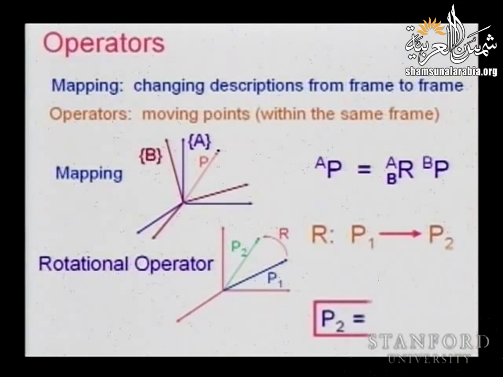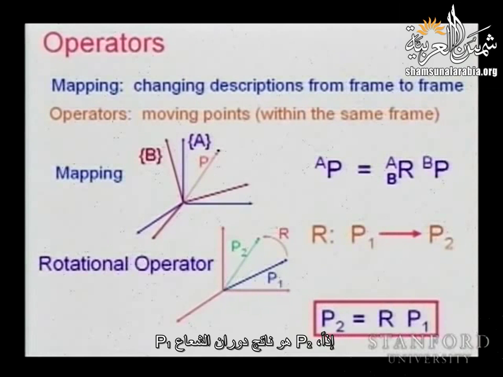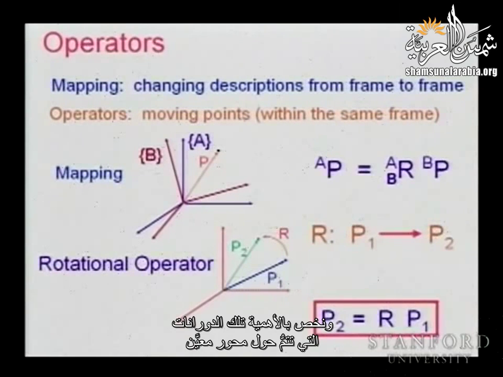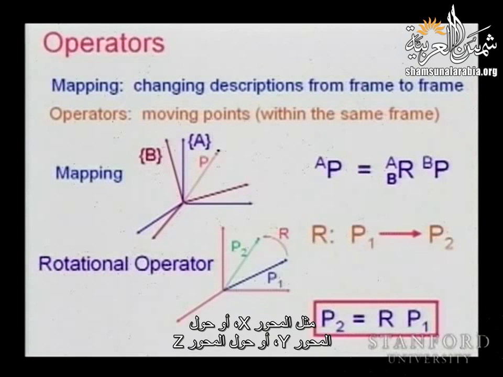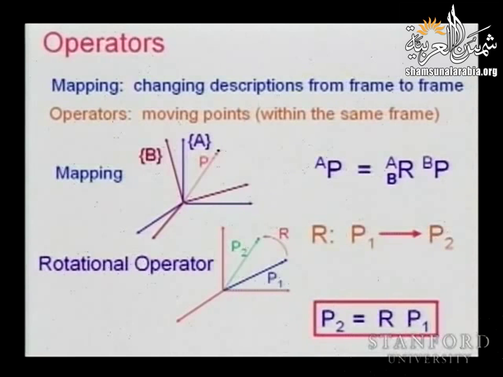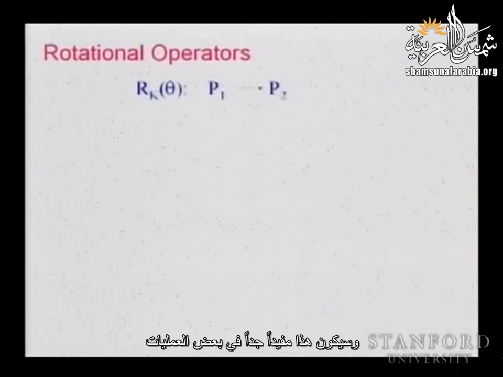Okay? So P2 is the rotation applied to the vector P1. And of special interest are those rotations that take place about some specific axis, like the x-axis or the y-axis or the z-axis. So then you can talk about Rx with some angle theta, and that will be very useful in some of the operations.